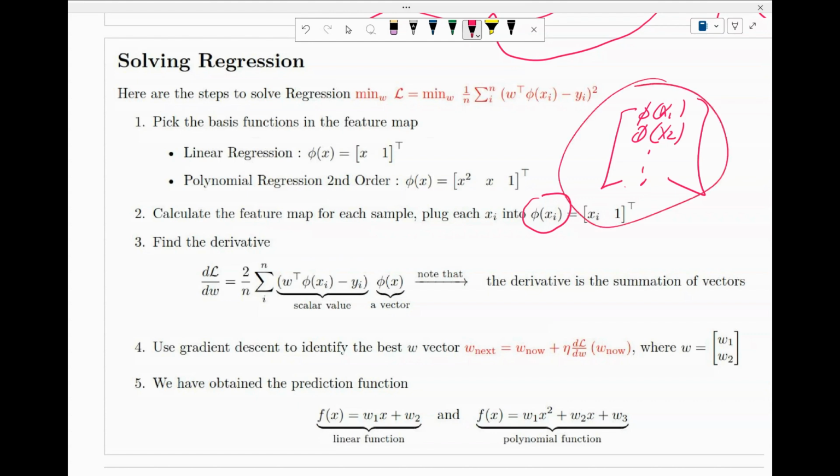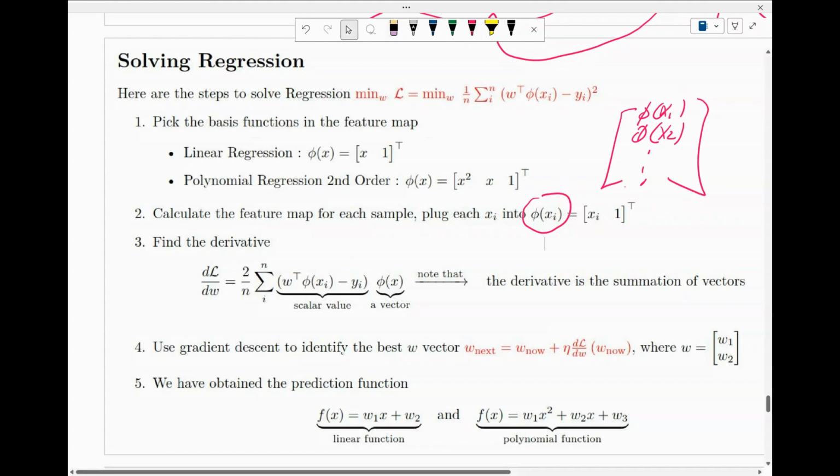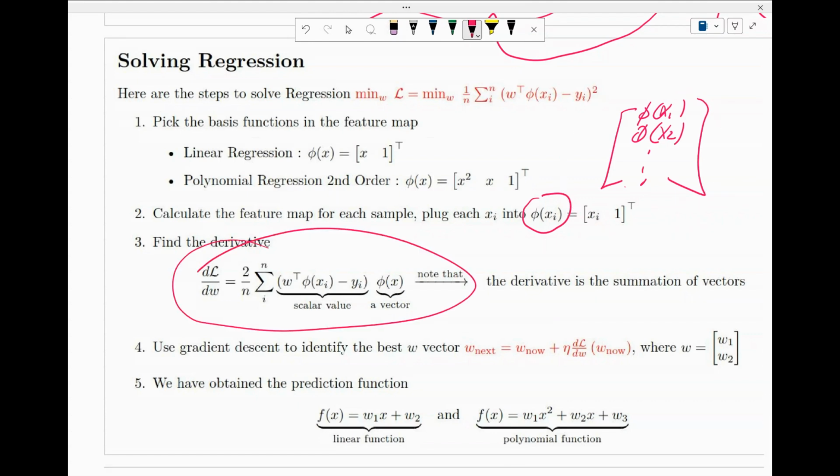Once you have this, you find the derivative. This is how you calculate the derivative. We did this many times. I want you to pay special attention. The label is a number. This is also a number. So a number and a number is just a number. This is not a vector.